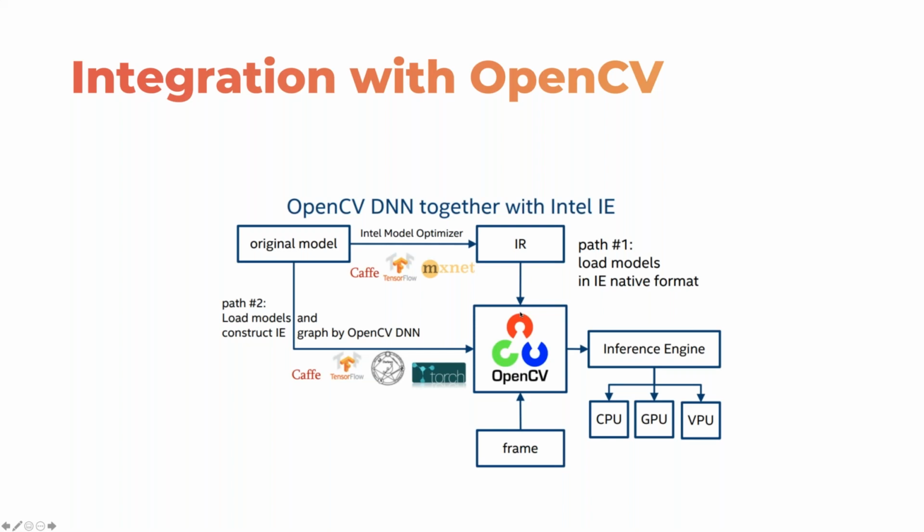So you can always do that programmatically, but the most preferred mechanism is to load models that are already optimized by the model optimizer into the IE, which is inference engine native format. So instead of doing the on-the-fly conversion, you'll basically do it beforehand, generate the IR, and then use it with OpenCV. So that is how you integrate OpenVINO with OpenCV.